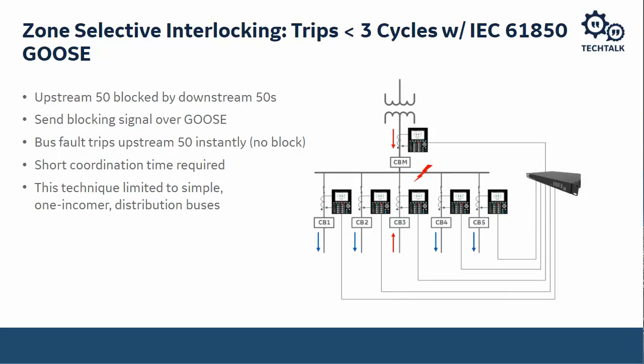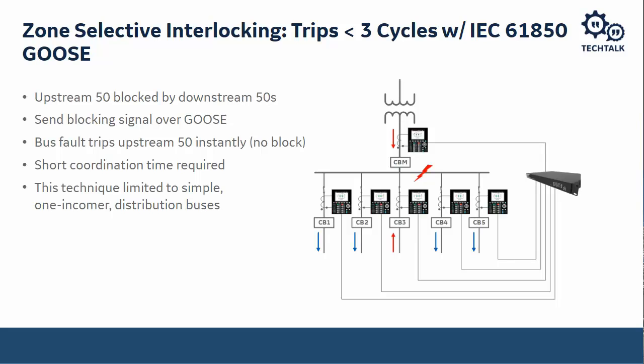If there is a fault on one of the feeders, the main breaker would see it, but so would the feeder breaker. The feeder breaker will send a signal to the main breaker telling it, I got this, and the main breaker will restrain. If there's a fault on the bus, the main breaker will see this fault, the feeder breakers won't. The main breaker does not get any signal from the feeder breakers, and it trips at higher speed.